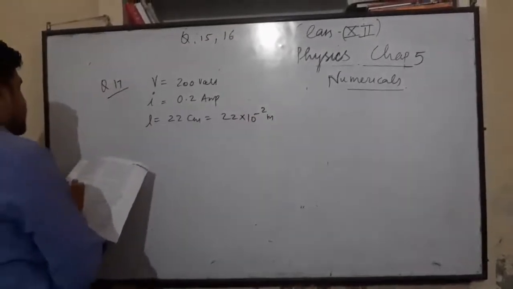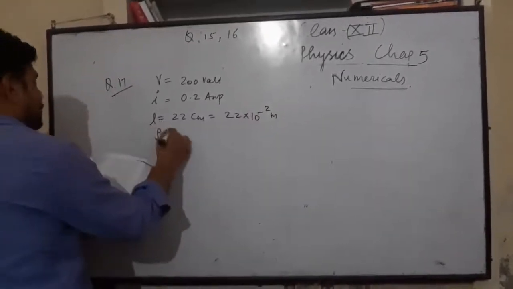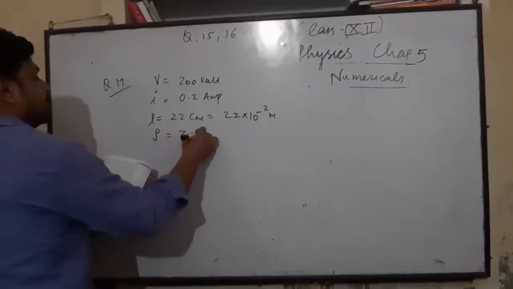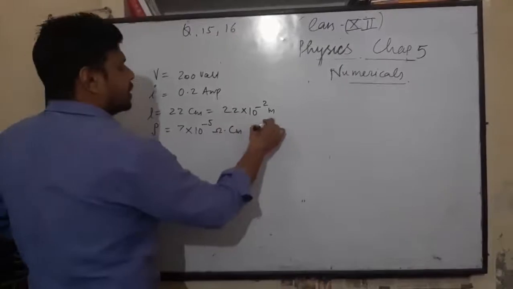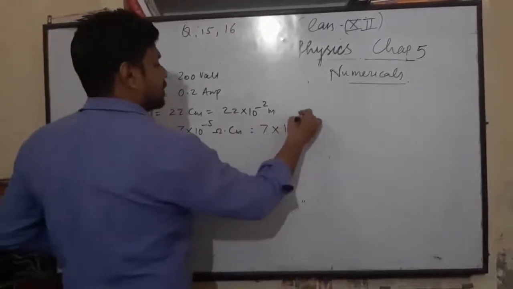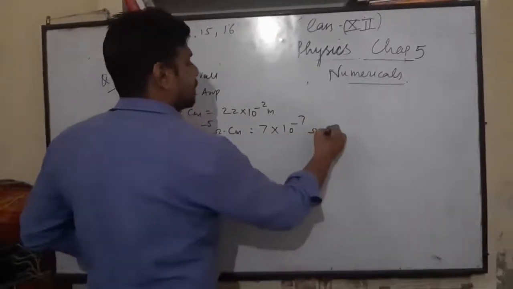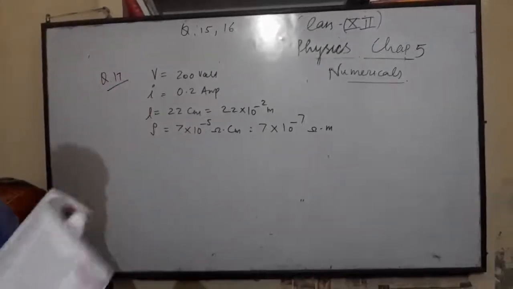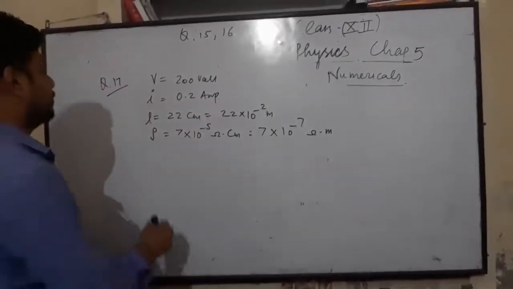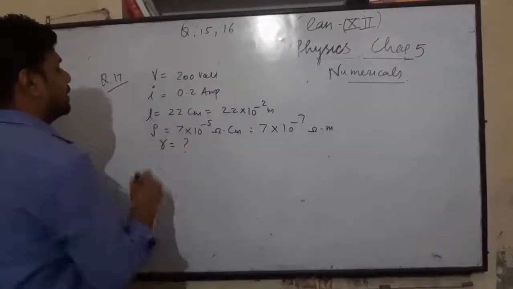The specific resistance of the material rho is 7 into 10 to the power minus 5 ohm centimeter or 7 into 10 to the power minus 7 ohm meter. Find the radius of the filament. We have to find the radius of the filament.